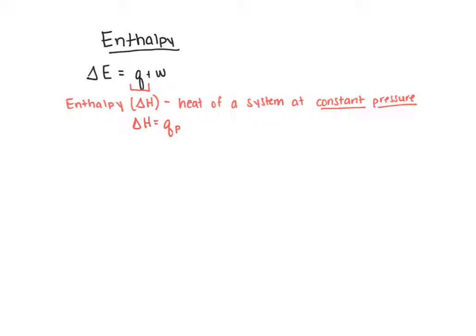So some important information about this delta H value is that when delta H is positive, that means that energy flows into the system. So the system is gaining energy. And in this context, we're specifically talking about energy in the form of heat.